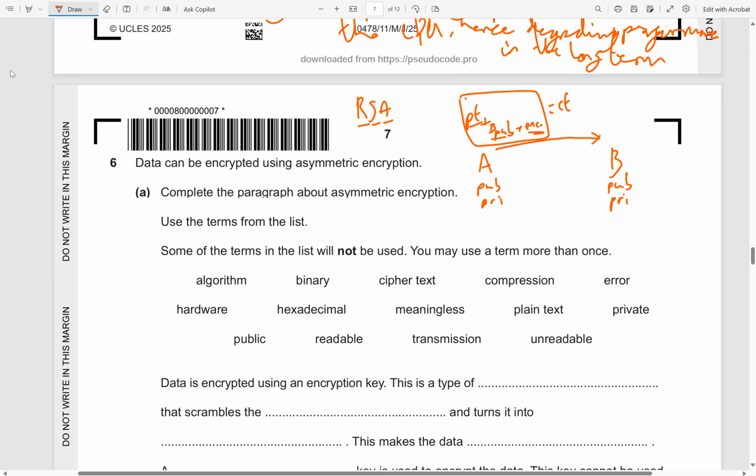Of course, this is public, and the reason is that anyone has to be able to encrypt. Not only might we have A and B, but we might also have C. C might also want to send something to B, and they're going to do the same thing, using B's public key to encrypt.